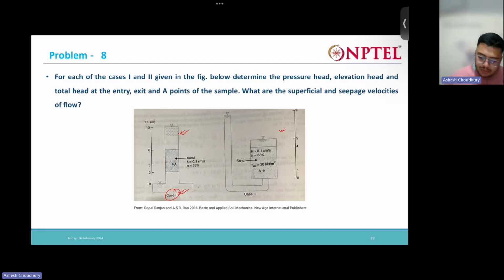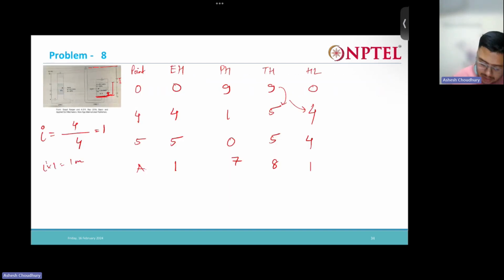Now one more thing we need to calculate: what are the superficial and seepage velocities. So how do we calculate the superficial velocity? V is equal to K I. What is K? K is given 0.1 in the question and I is nothing but 1. So 0.1 meter per second. And n is given in the question, 0.3.